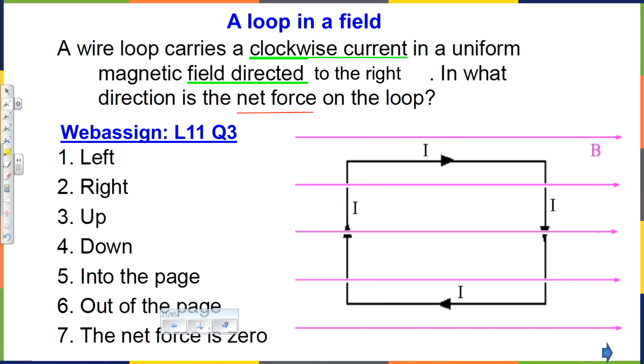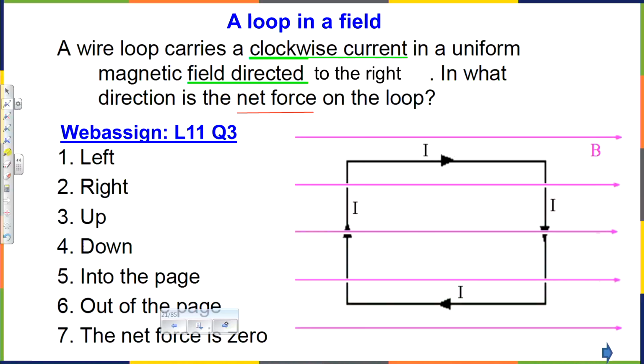Now, finally, a question to you again. What do you think about this situation? This is a loop with electric current traveling through the loop, but it's placed in the magnetic field.